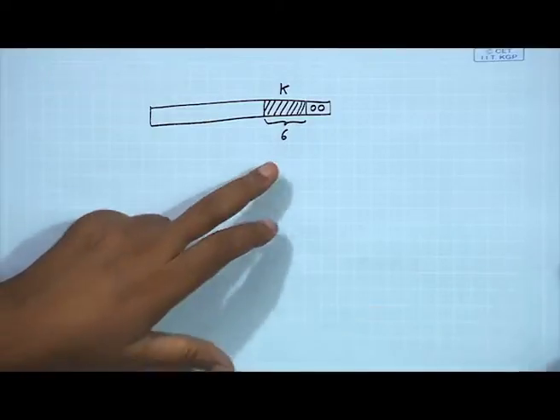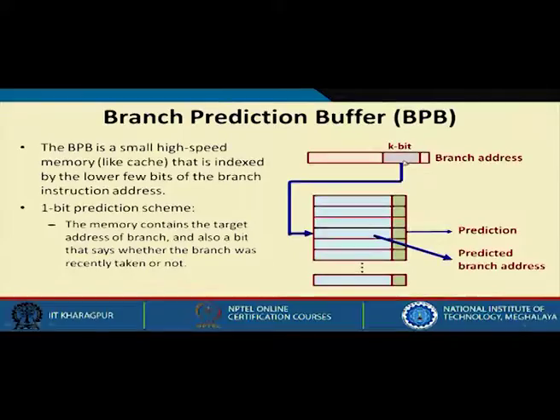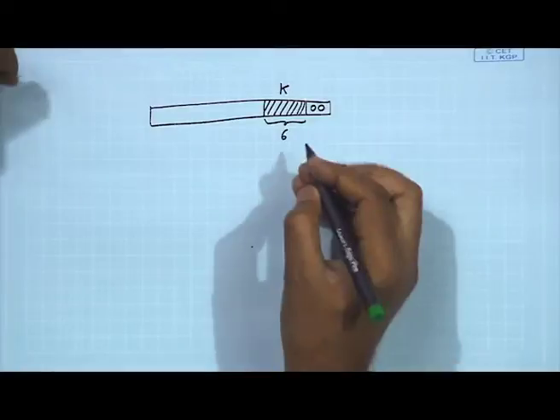So, our approach will be something like this. These k bits of the branch address we are using to access this table BPB. BPB is like a small high speed memory that is indexed by the lower few bits of the instruction. What is the meaning of this? Let us come back to this again.